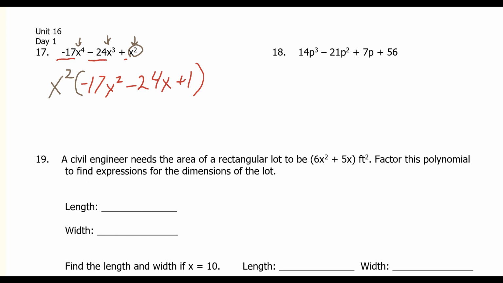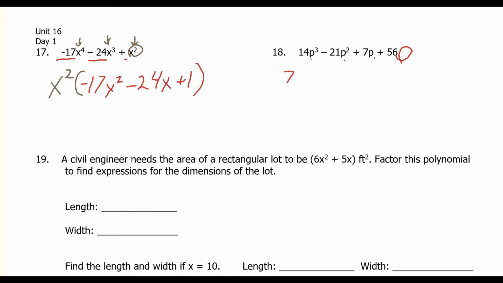Number 18. Let's see. A number that goes into 14, 21, 7, and 56. What I'm seeing is 7. And then we got a P here, a P here, a P here, but nothing here.